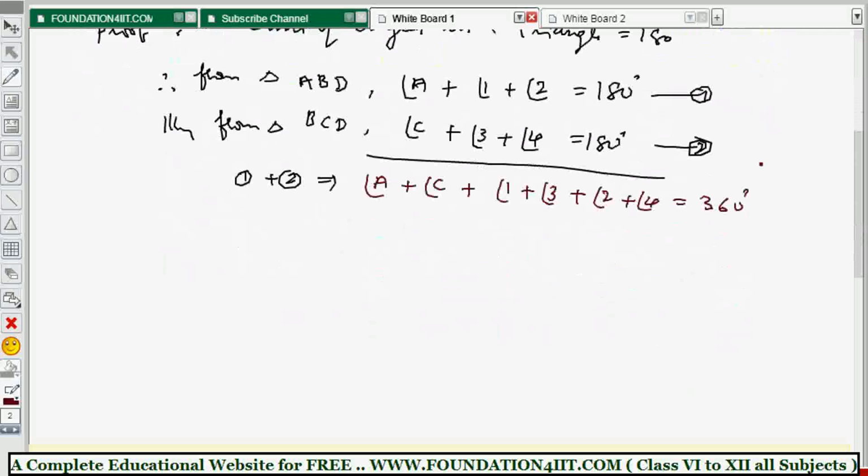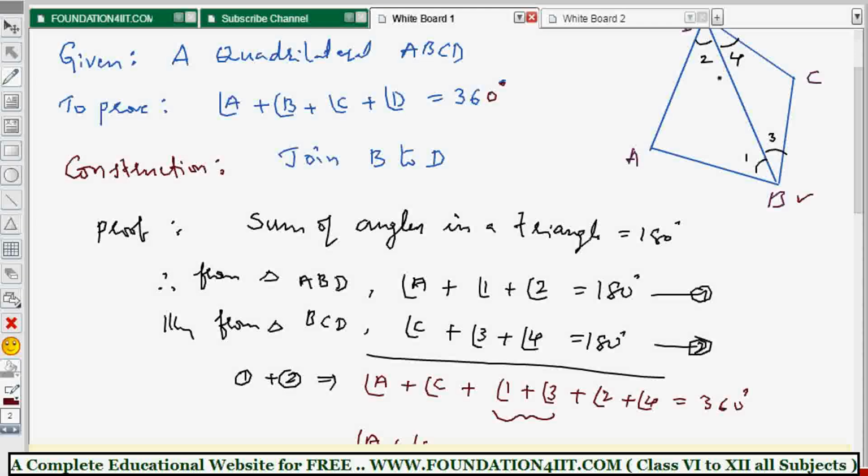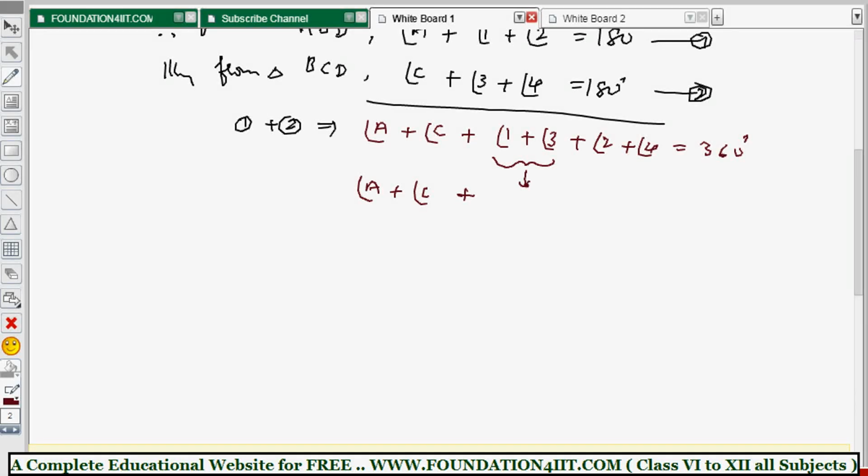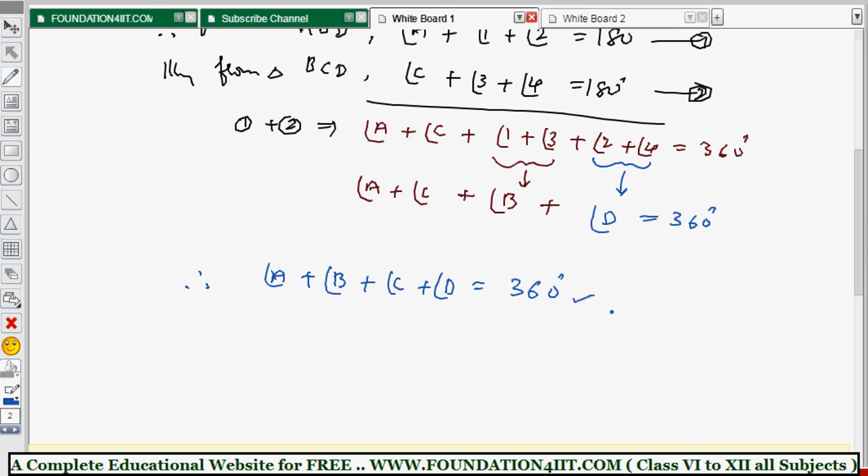Right? Now, angle A plus angle C as it is, and angle 1 plus 3 is nothing but angle B, and angle 2 plus 4 is angle D. Instead of these we can write angle B and angle D. Therefore we can write angle A plus B plus C plus D. Sum of the four angles in a quadrilateral is 360 degrees, right?